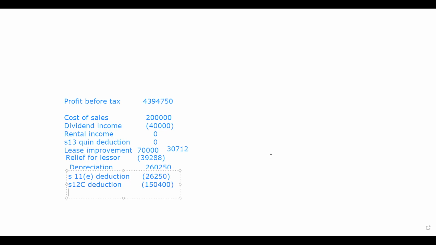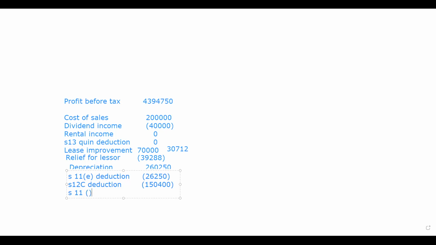We can continue. So 4.3 says a clock machine to be used by the factory employees, which costs 6,900. This clock machine was brought into use on 1 June 2022. So do you see that section 11E applies on this one, wear and tear?